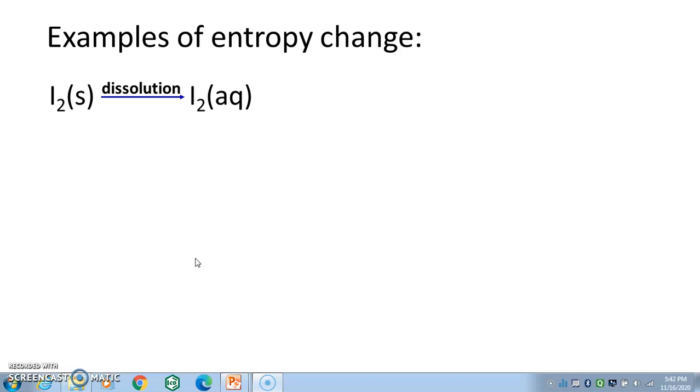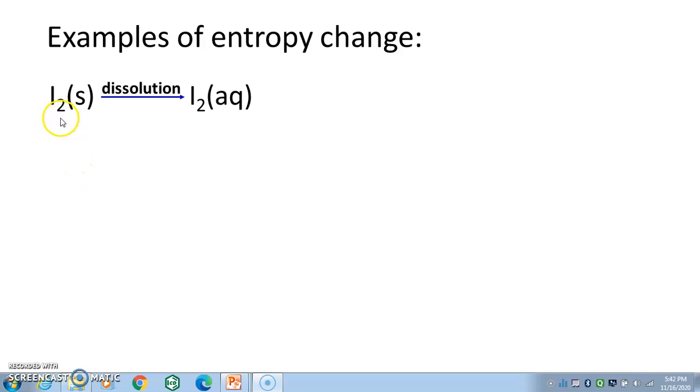It is a state function, and for a crystalline solid, entropy is comparatively less, and for gases, entropy is highest because in the case of gases, there is the highest disorder. Now in this video, we are going to discuss some examples of entropy change.